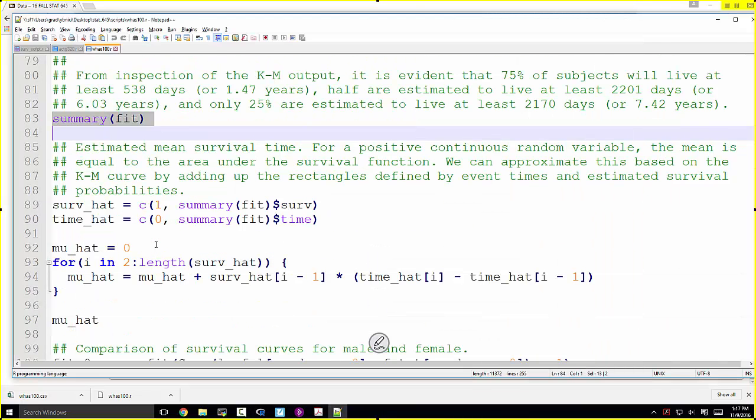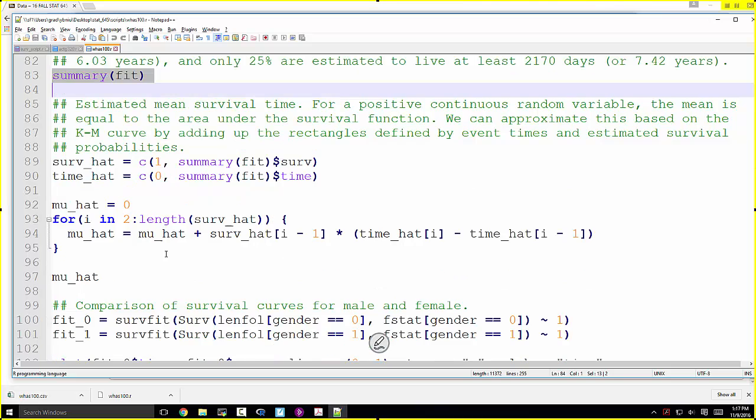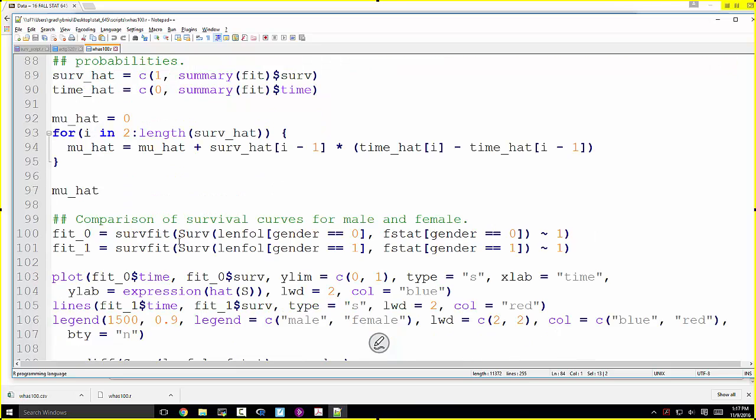We've already seen how to do this. If you have a Kaplan-Meier curve and want to estimate the mean survival time, you can integrate it, so to speak.